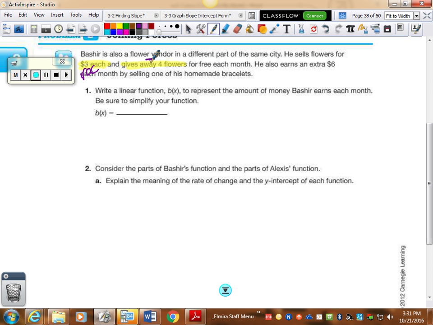So just stopping there for a second, we've got $3 each and x take away 4, in parentheses. He also earns an extra $6 each month by selling one of his homemade bracelets. So this is just an add-on on the end. He's earning the $6, we're going to add on $6.